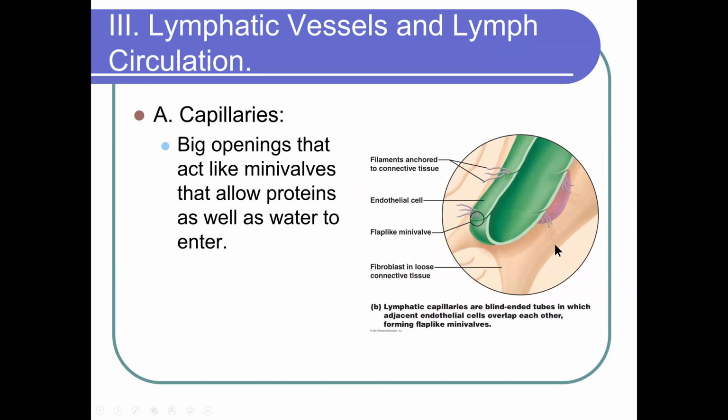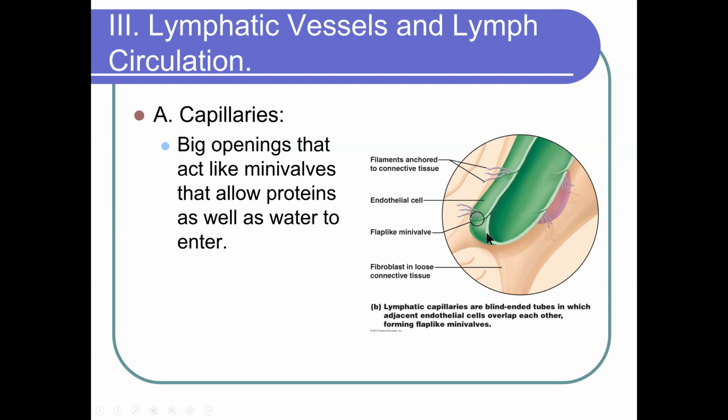They have huge openings here, okay? They have these little attachments that go out into the connective tissue and attach the lymphatic vessels, because remember, they're blind sacs. Otherwise, because of the interstitial fluid outside, they have a tendency to wave. So they have these little attachments here, and then they have valves.